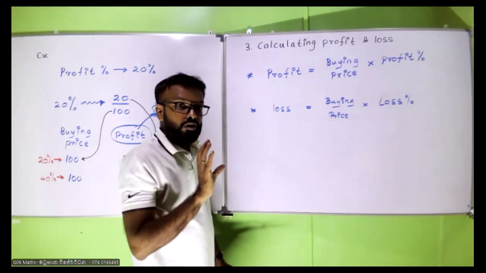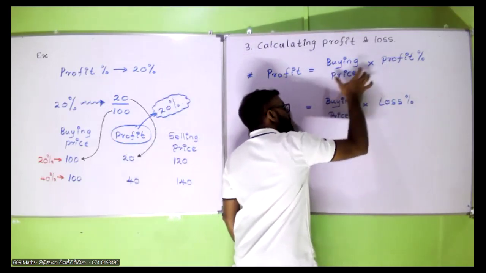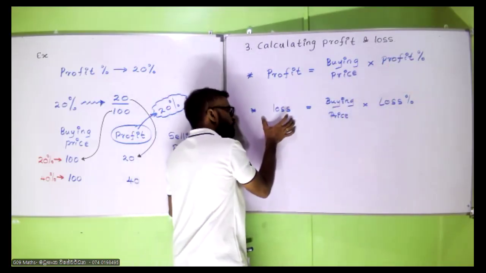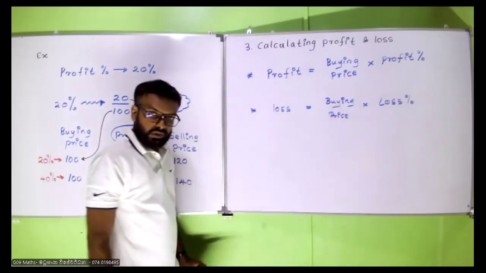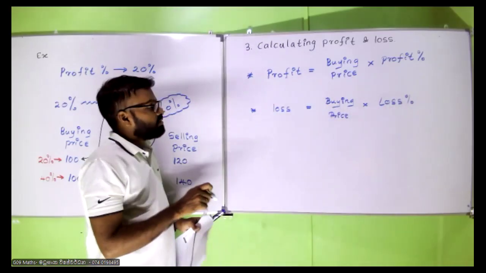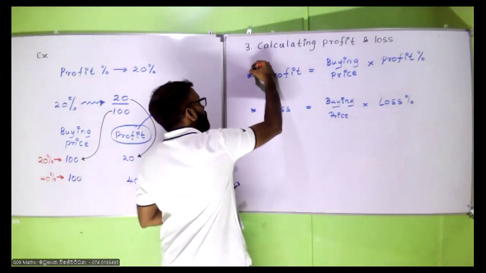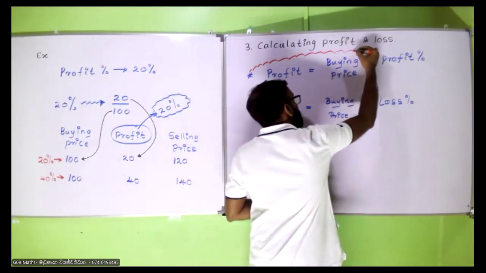Now we are going to learn how to find the profit by using these two, buying price and the profit percentage, and how to find the loss by using the buying price and the loss percentage. So these things you need to remember.